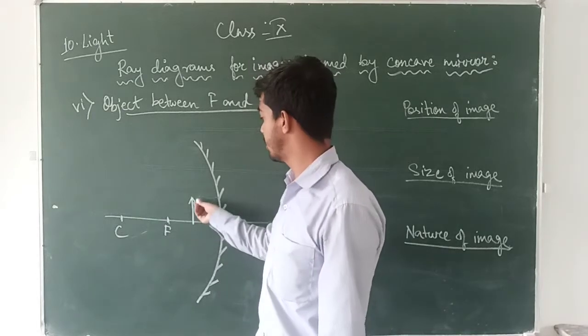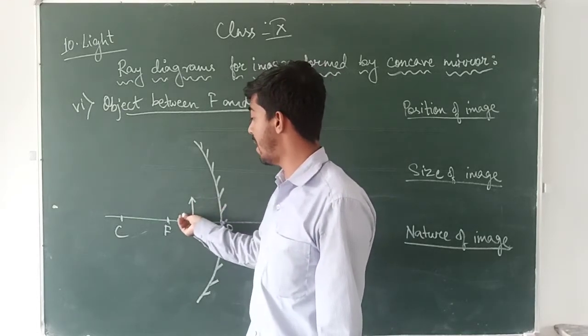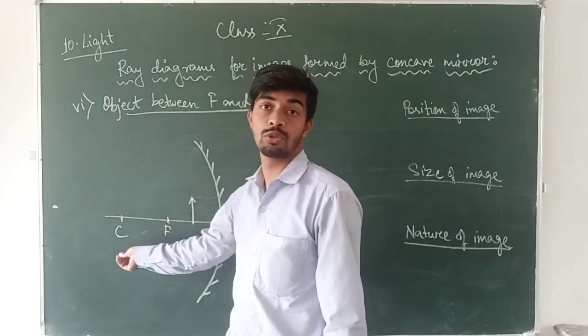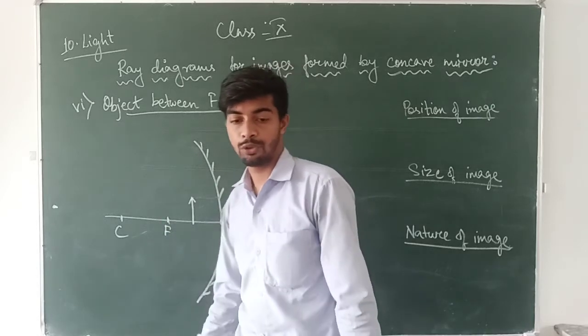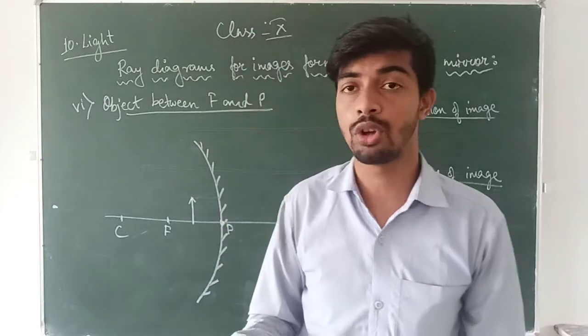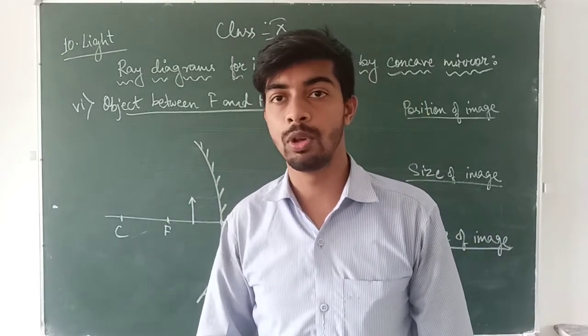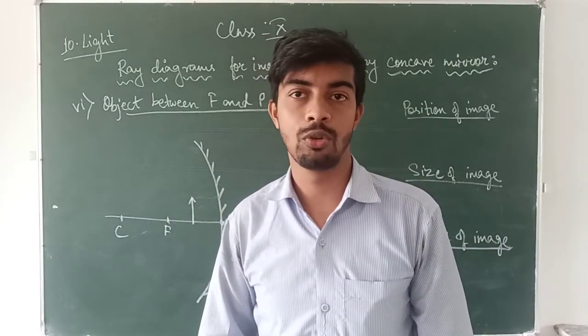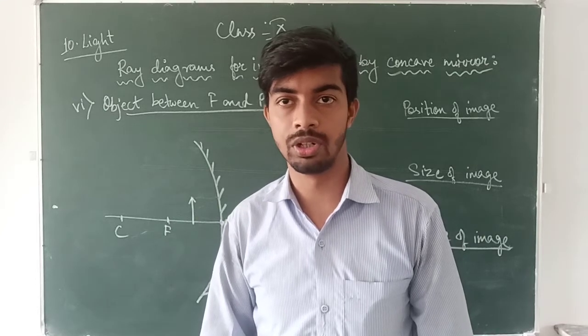Now in this case, the ray will pass through the object if it has to go through the focus. If we want to get the image of any object, the object should be opaque. And if the object is opaque, the ray cannot pass through it.